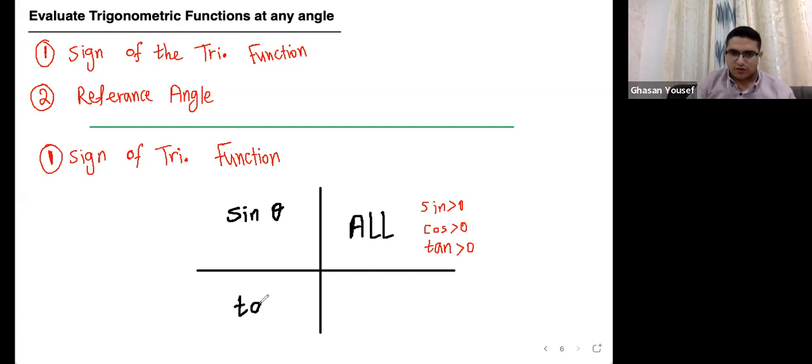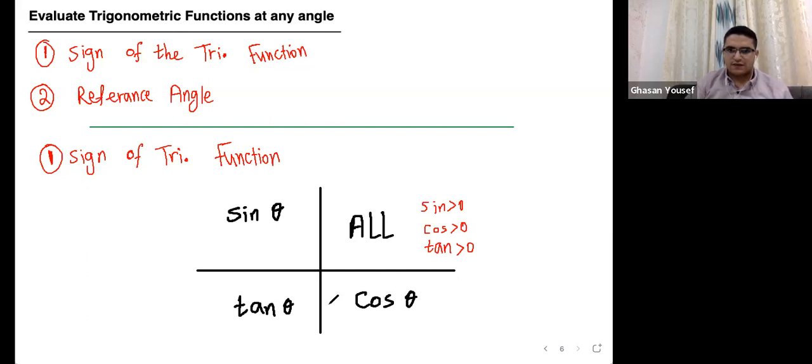If my angle is in the third quadrant, and like I always say, my initial side is on the positive x-axis, only the tan function is positive. And for the last quadrant, the cosine function is the only function that is positive in the fourth quadrant.